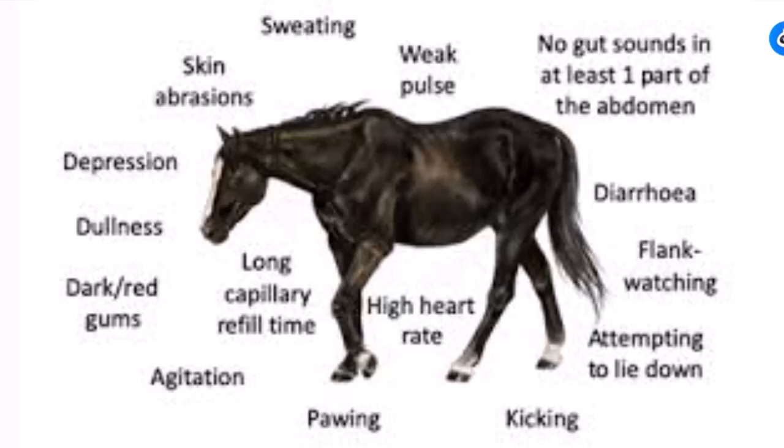We will review the clinical signs that help differentiate mild from emergency cases and walk through diagnostic tools, including rectal examination, ultrasound, and nasogastric intubation. We'll learn key decision points for medical versus surgical intervention and how to manage these horses acutely and long term.